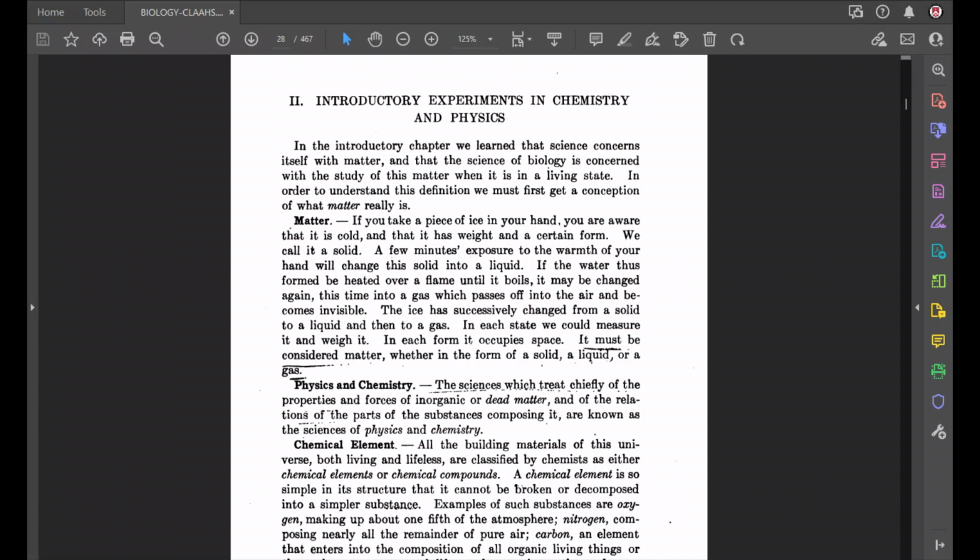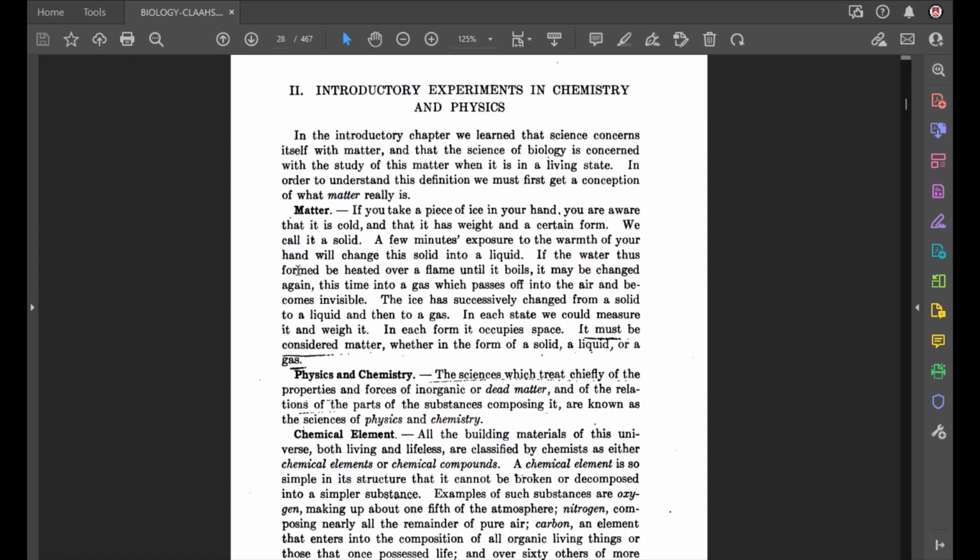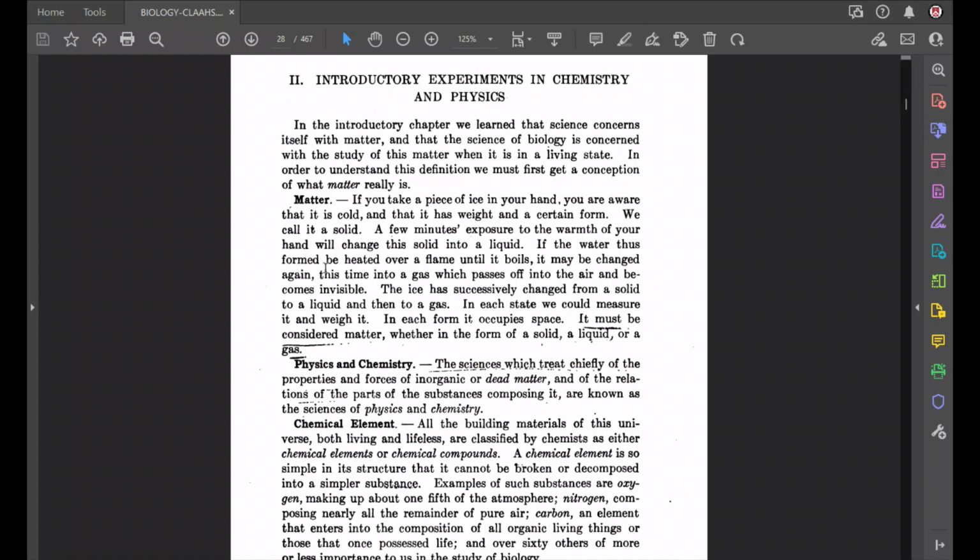And we learned that the three basic sciences are biology, physics, and chemistry, as I said before. Physics and chemistry differ from biology. How are physics and chemistry different from biology? How do they differ? Anybody know? What's different?